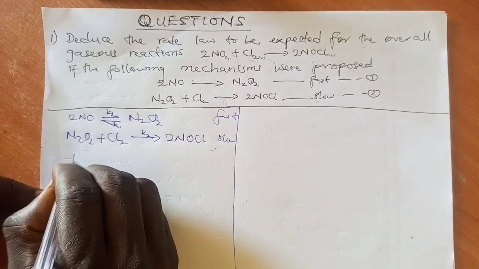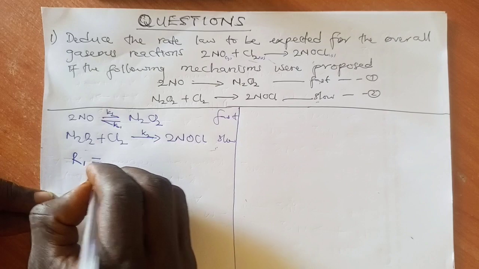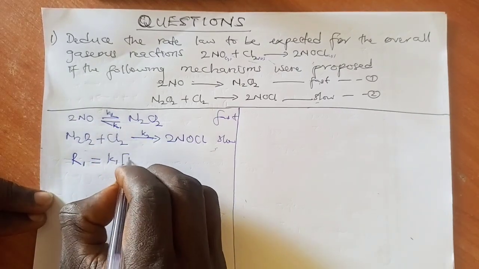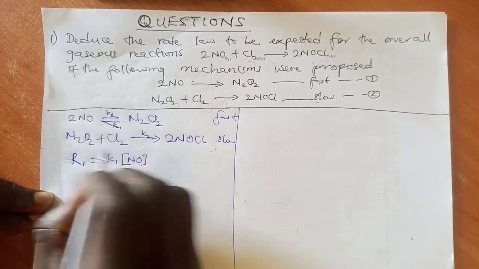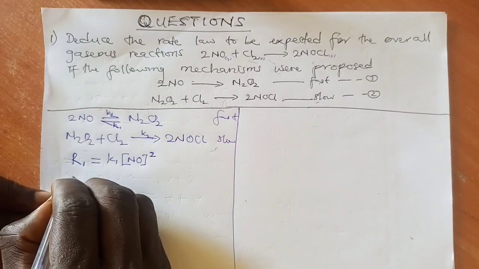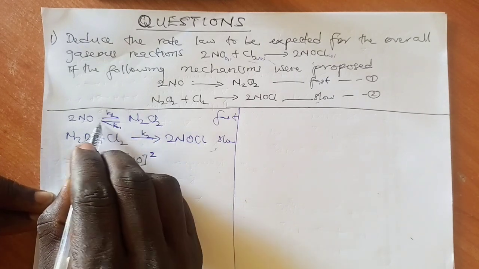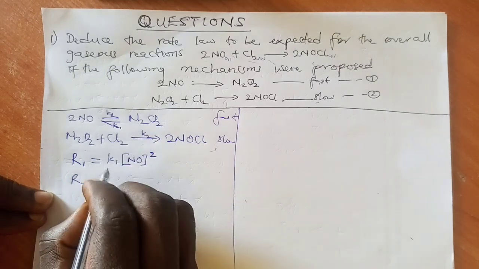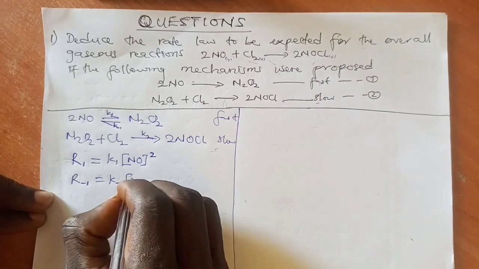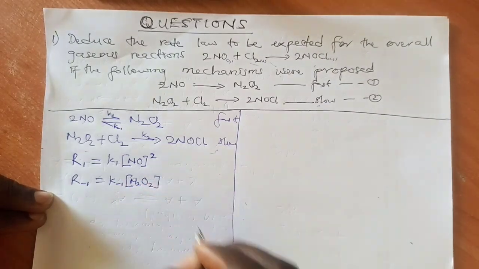Now, if you take the rate law for the first reaction, R1 will be equal to the rate constant K1 times the concentration of NO raised to the power of 2. Then for the reverse reaction, you are going to have K minus 1 times N2O2.